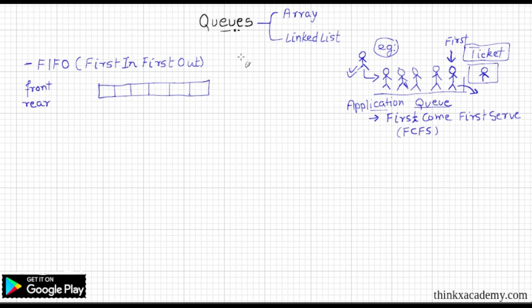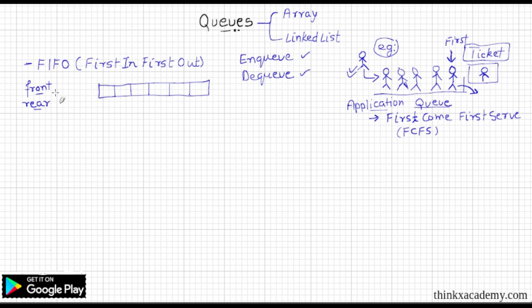So insertion inside the queue is also known as enqueue, and deletion from the queue is known as the dequeue function. So in the implementation part, we are going to write these two functions, and these two functions manage these two variables, and these two variables just signify the positions of performing these two functions, enqueue and dequeue.